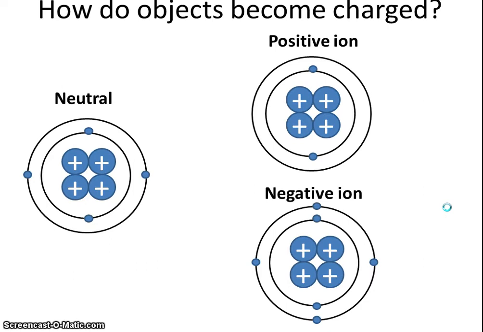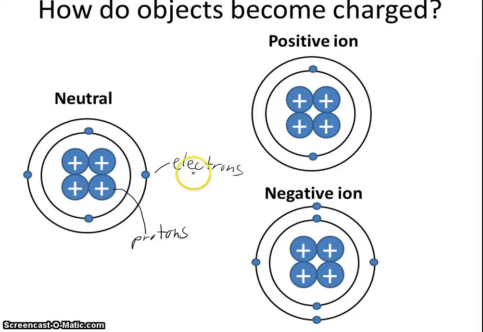Okay, so how does an object become positively charged or negatively charged? Well, inside an atom, there's two kinds of charged particles. There's protons and there's electrons.